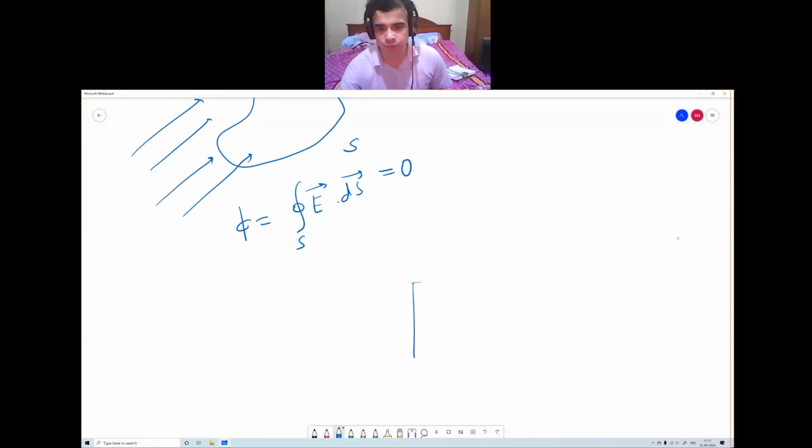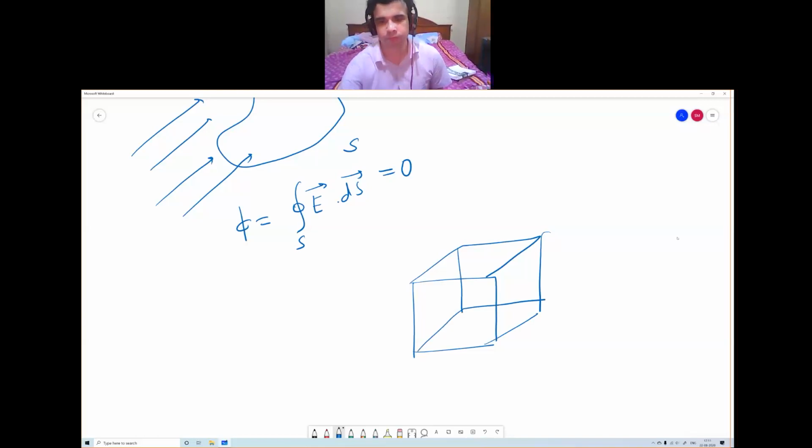Suppose I have a cube like this, and this is the origin. This is my O, A, B, C, then D, E, F, and G. This is my Z axis, this is my X axis, this is my Y axis.